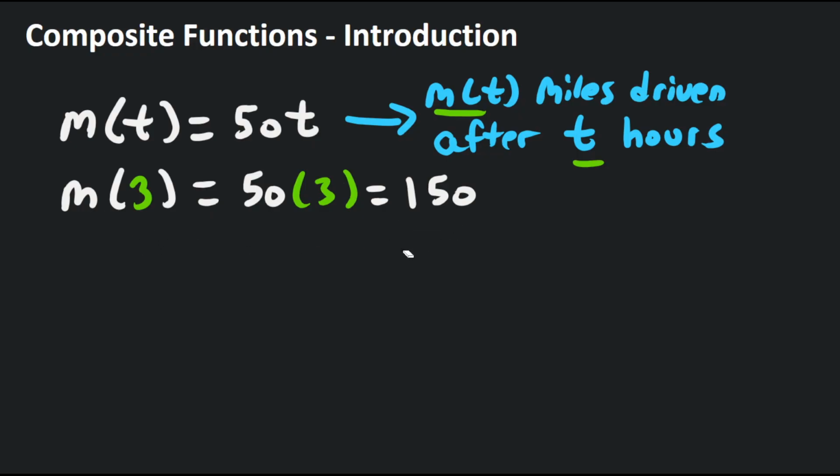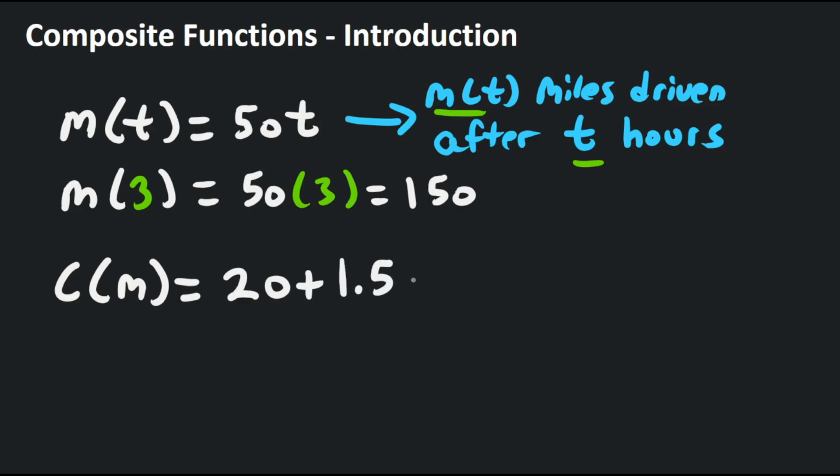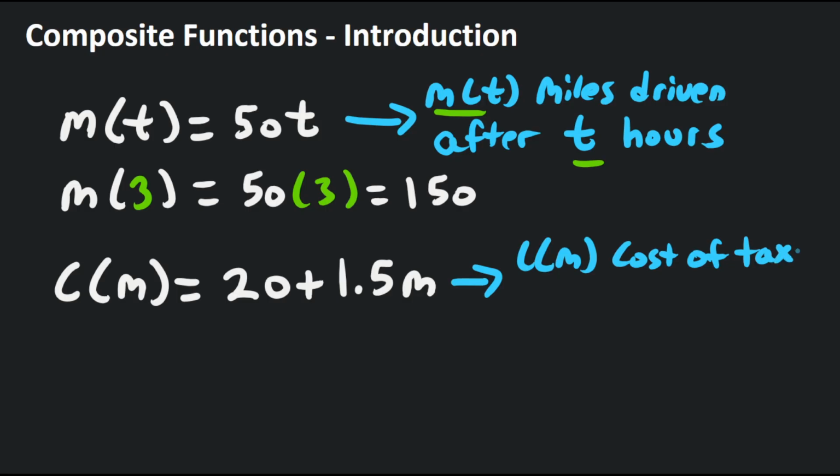Great, so now let's write down another function. Let's say we had c of m equals 20 plus 1.5m. And now what this function represents, c of m, the output, is the cost of a taxi after it has driven m miles.